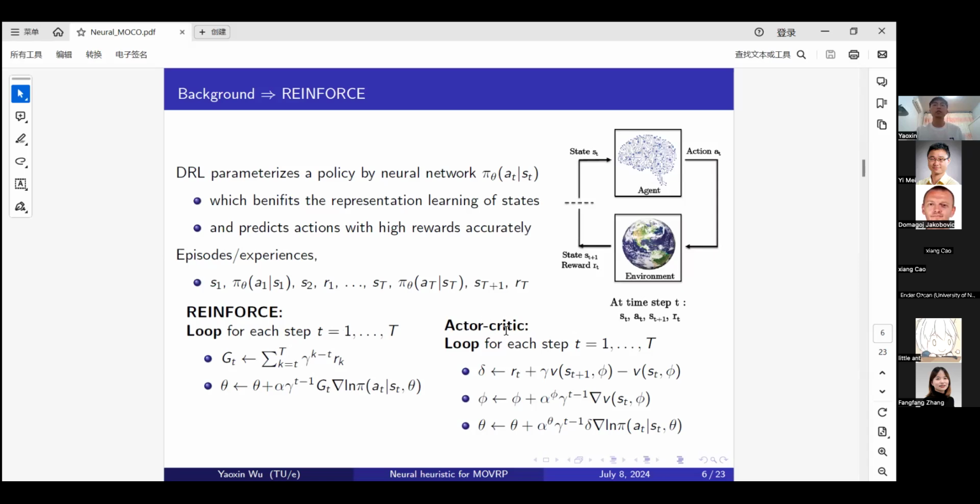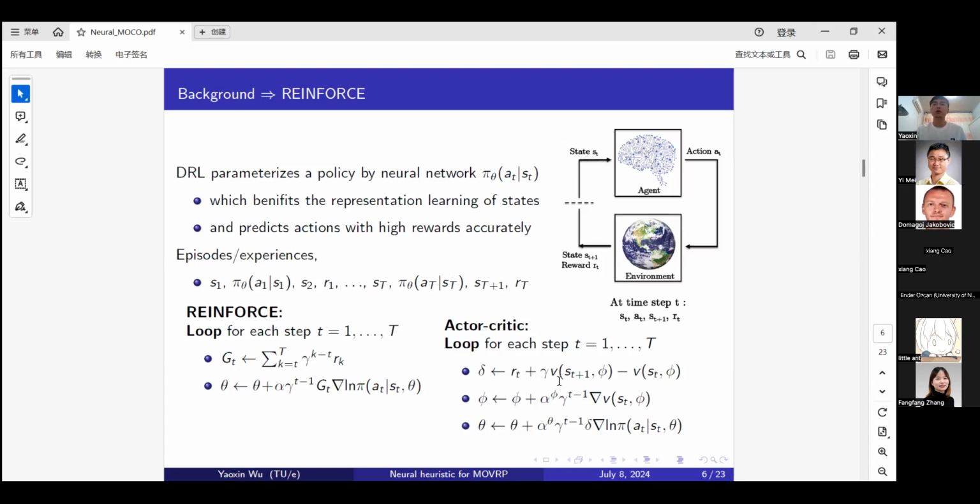And for the actor-critic, because the main drawback of REINFORCE is that you need to collect the whole trajectory, and then you can compute the reward. But it may not be efficient because you need to sample all the trajectories. So in the actor-critic, it uses another neural network, which is called the value network.